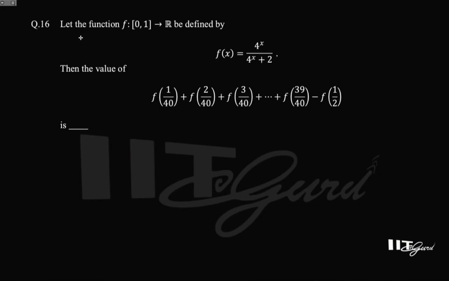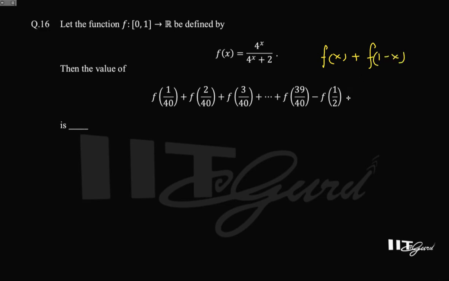Question number 16. Let the function f from [0,1] to R be defined by this f(x). This is a very common problem in IIT and traditional type. You see f(x) plus f(1 minus x).